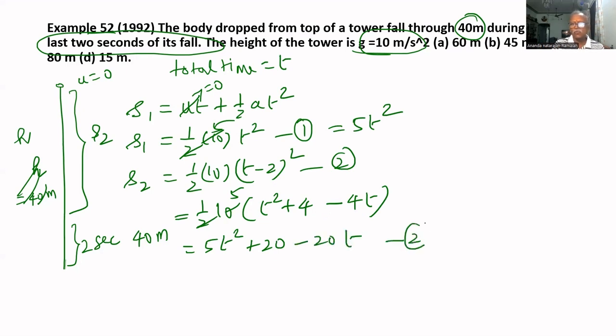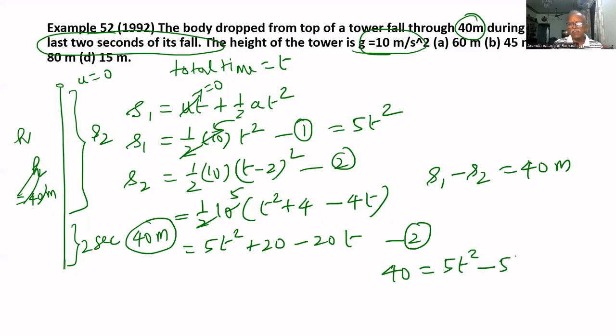So, how to find this part in 2 seconds? The difference is 40 meter, already given. S1 minus S2 equal to 40 meter. Therefore, 40 equal to 5T square minus 5T square minus 20 plus 20T.